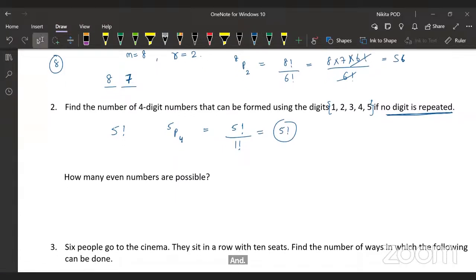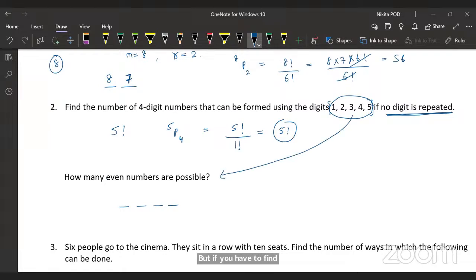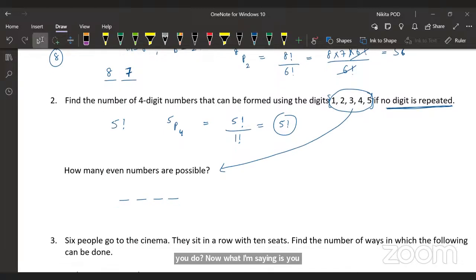But if you have to find the even numbers, then what will you do? You have to make a 4-digit number out of these 5 digits. How many even numbers can you make? 4 factorial into 2.